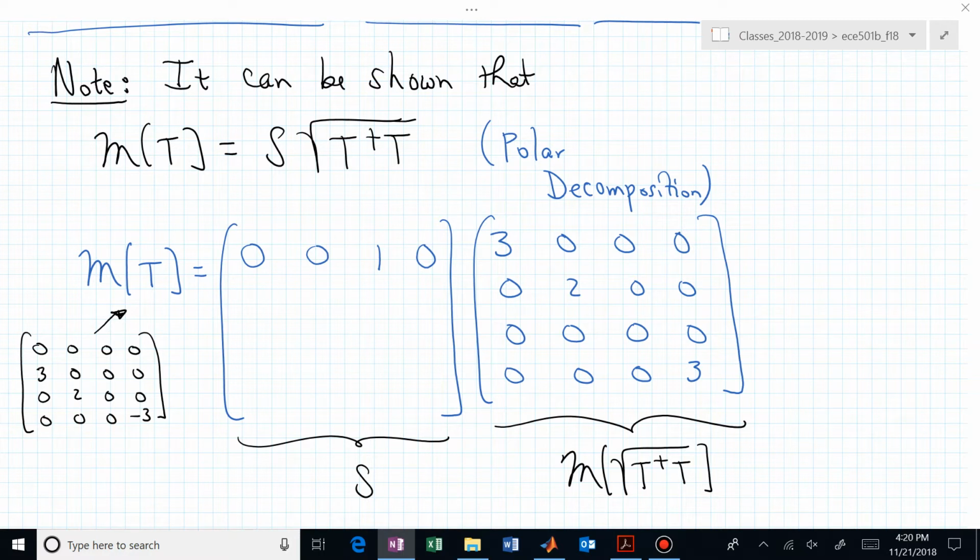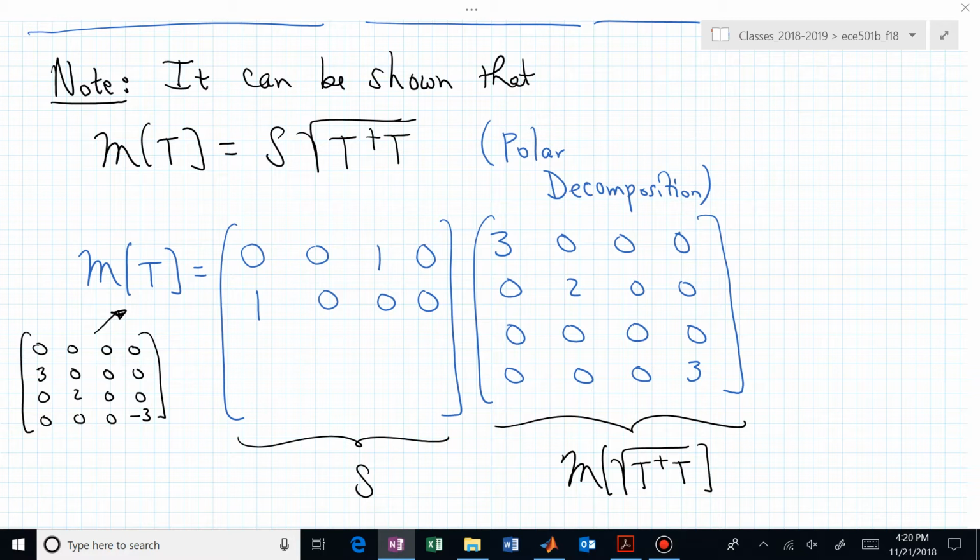To generate 3, 0, 0, 0 in the second row simply means we need to copy the first row in this positive matrix. So that gives us a 1, 0, 0, 0 for our rotation matrix, and that looks good because that vector has a norm of 1.